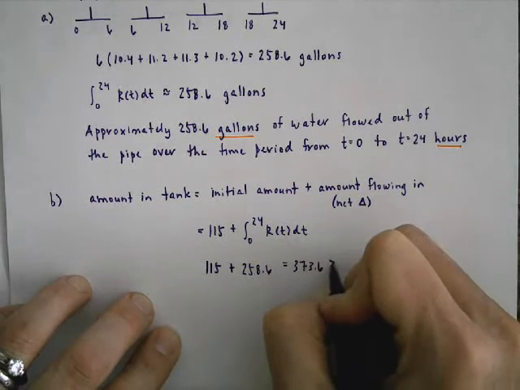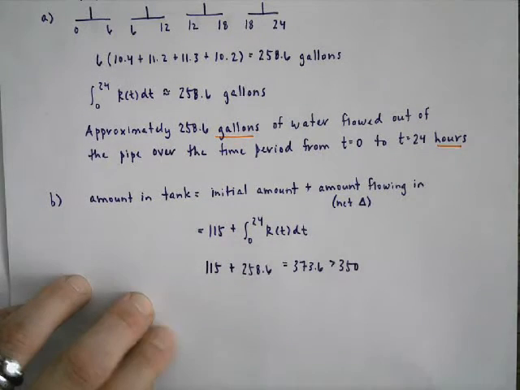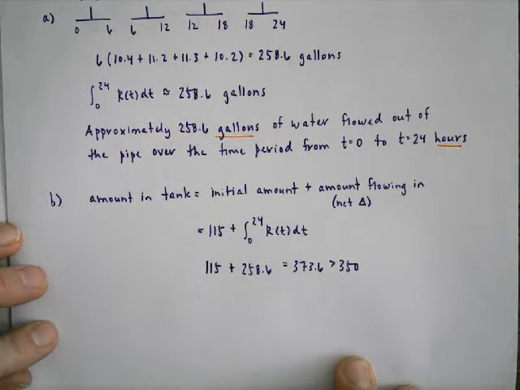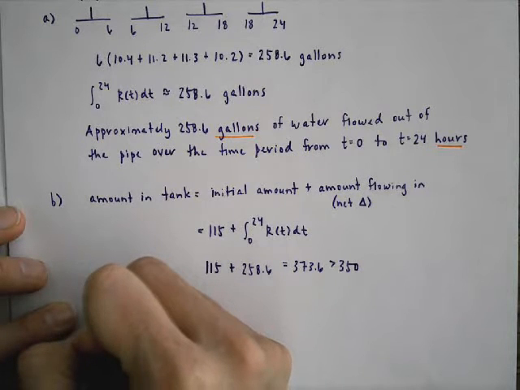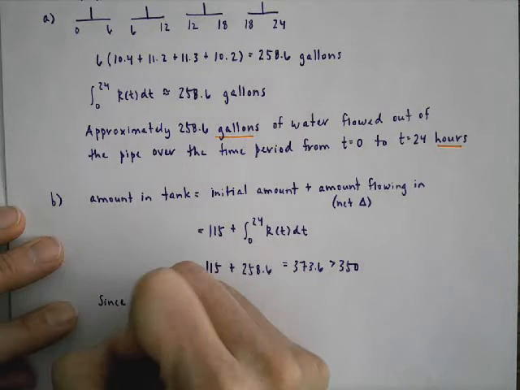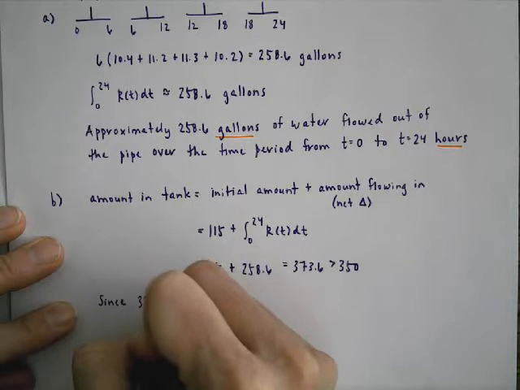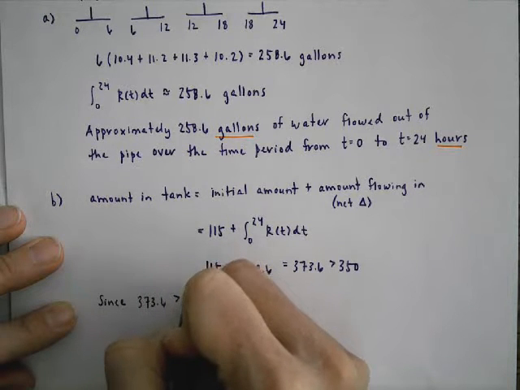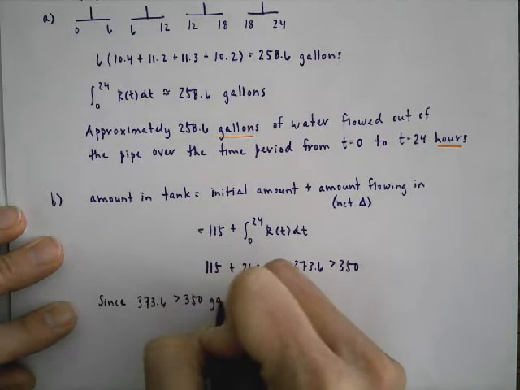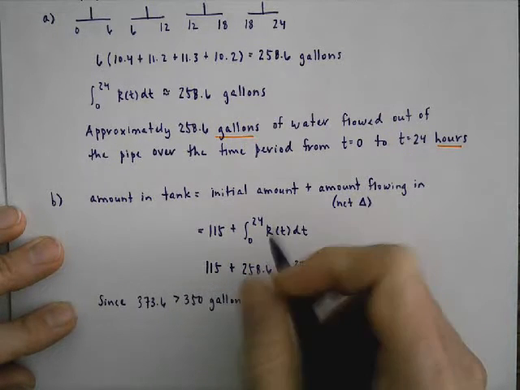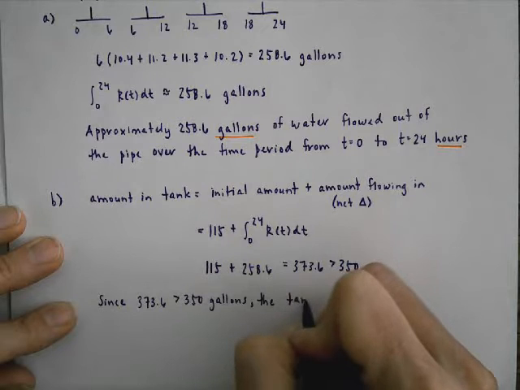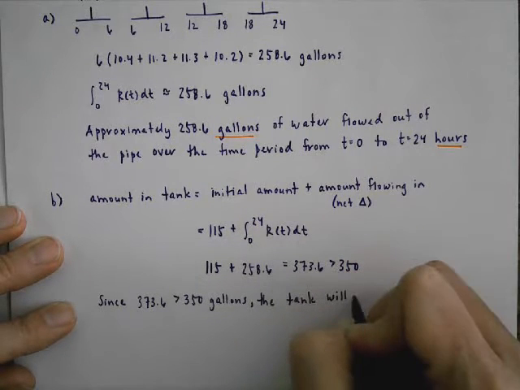Since that amount is greater than the capacity of the tank, we know that the tank won't be able to store all of the water. So we can say here, since 373.6 is greater than 350 gallons, the tank will not be able to store all of the water.